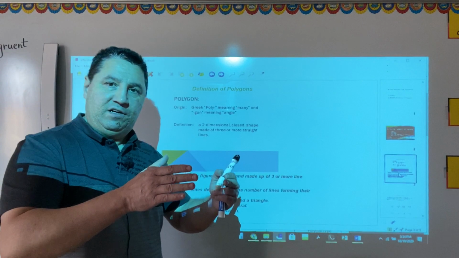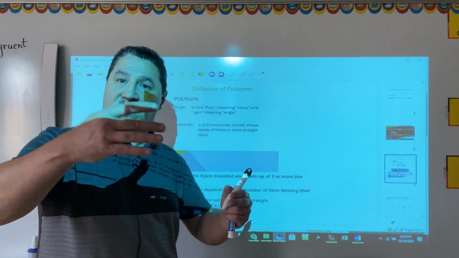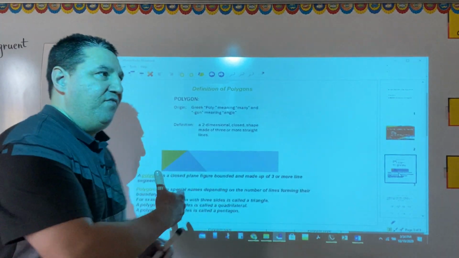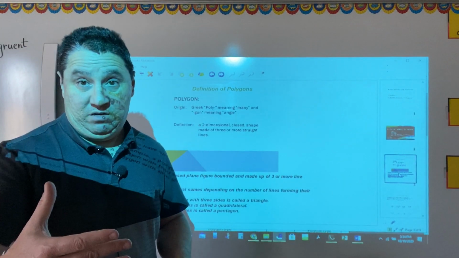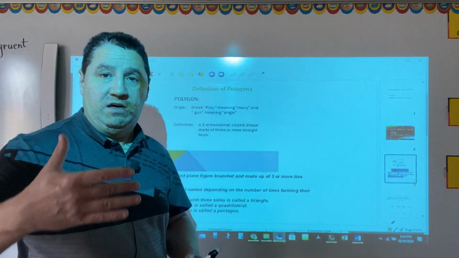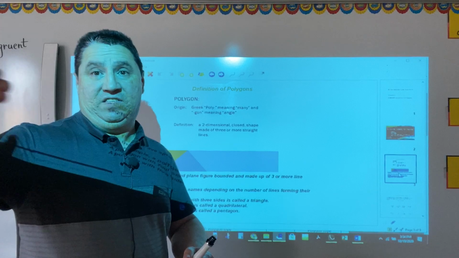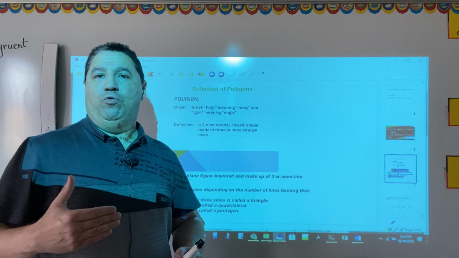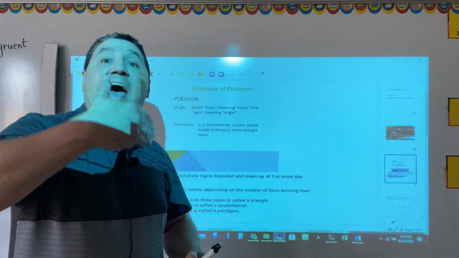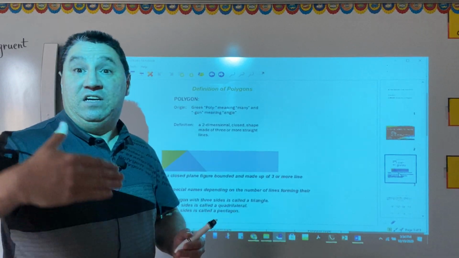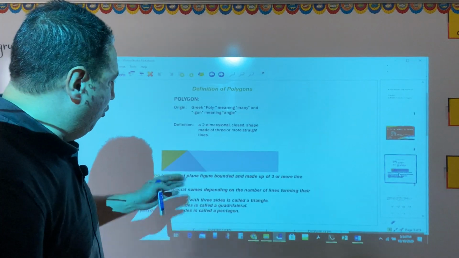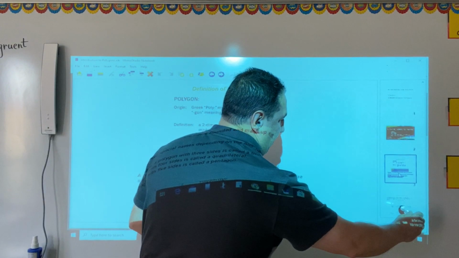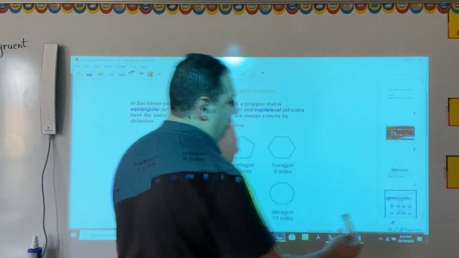A quadrilateral is a polygon consisting of four sides. Next is a pentagon. A pentagon is a polygon consisting of five sides. Also, next is a hexagon. It has six sides. I'll show you a diagram or a picture for each of them.